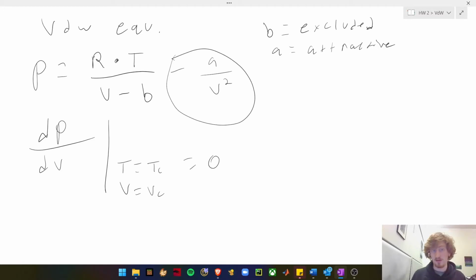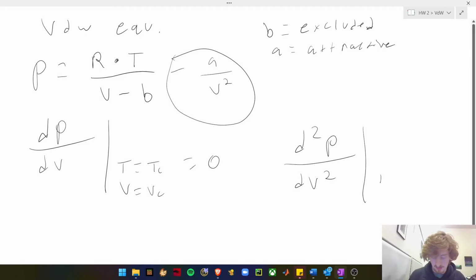And since we know that it's an inflection point, that means the second derivative is also 0. So the second derivative of pressure with respect to volume at the same conditions, so temperature equals critical temperature and volume equals critical volume, is also equal to 0.